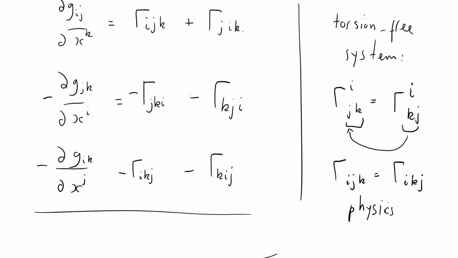I'll change to red. I'm going to cancel that one with that one through torsion freeness. JIK, which one does that cancel? Oh no, it's this one that's going to cancel out, isn't it? Oh no, that one and that one cancel. And these two are equal because they're KJI and KJI.